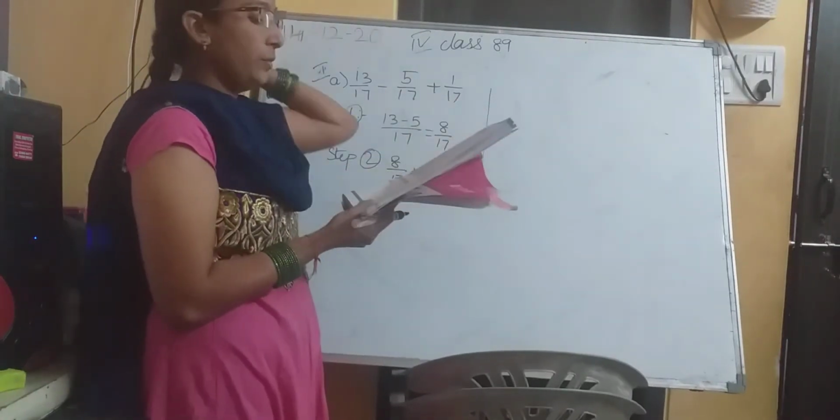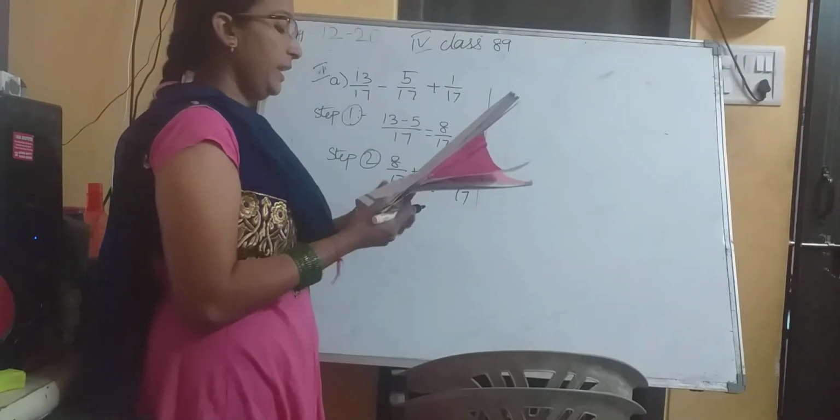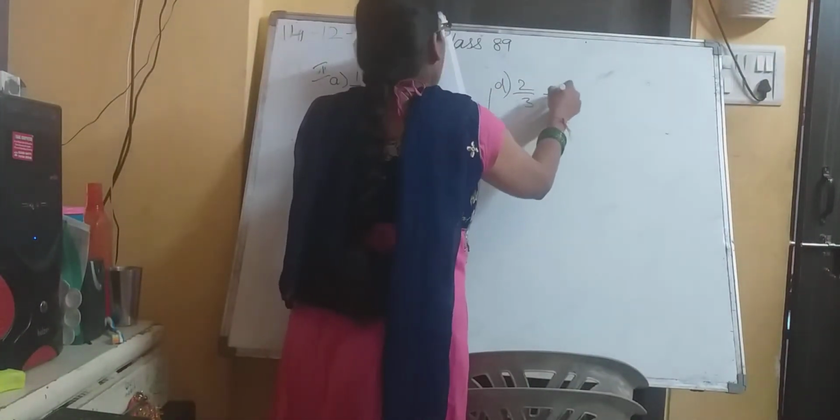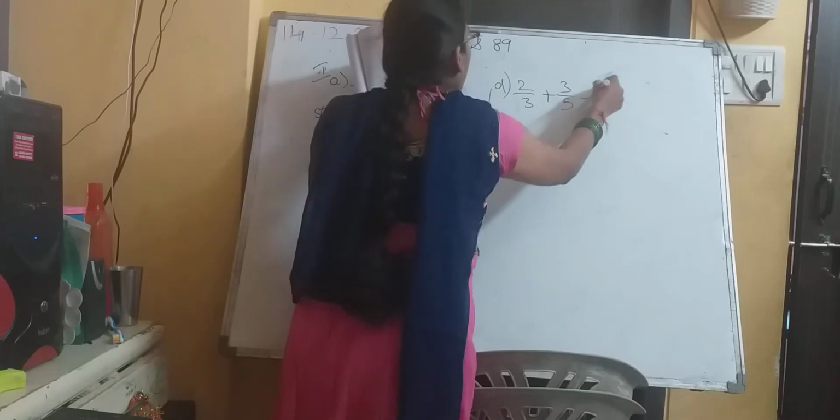Now we will do D1, children. D1 I am showing you here: 2 by 3 plus 3 by 5 minus 2 by 7.